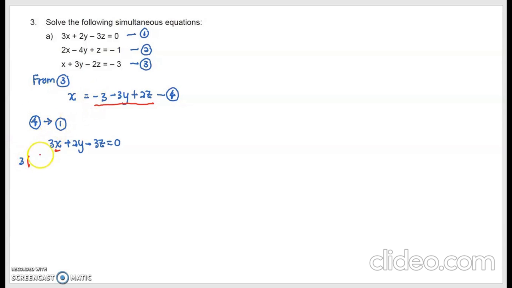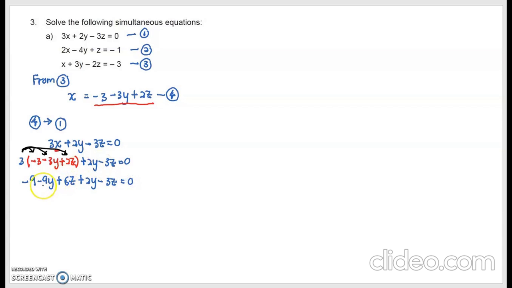In the bracket, it is negative 3 minus 3y plus 2z, plus 2y minus 3z is equal to 0. Then I try to expand. 3 times negative 3, negative 9, negative 9y plus 6z. So expand one by one, plus 2y minus 3z is equal to 0.